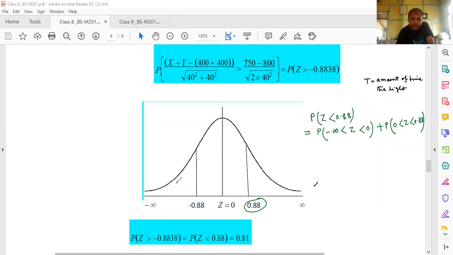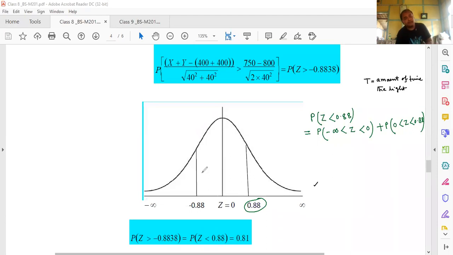So if I can find the area of this portion, and if I can add the area to this, if I know the area of this, then the addition of the two things can give you the area of the required region.